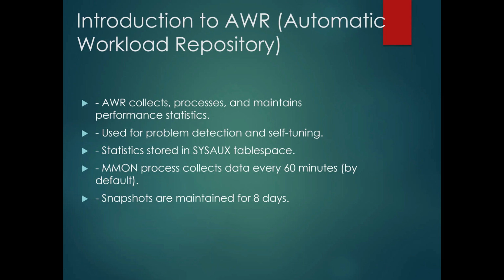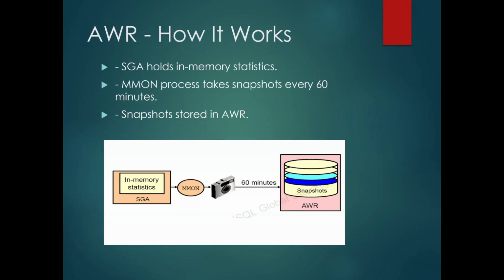Now let's see how it works in real time. This is the memory, this is the SGA, and here we have the memory statistics. Whatever happens in the memory, all the statistics are gathered by the MMON process. After gathering, it writes a snapshot into the SYSAUX tablespace every 60 minutes.